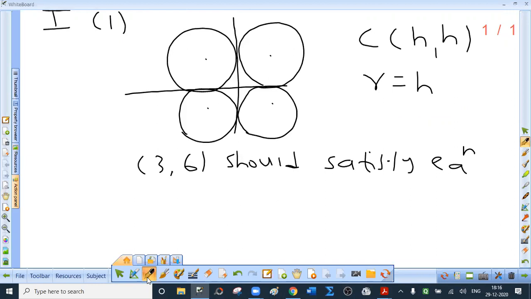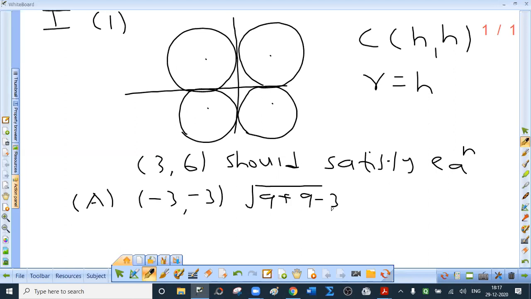Now in option A, you should be able to find center and radius orally, at least center. So this is center, 9 plus 9 minus 3. No, because radius should be 3. So A is not the correct option.